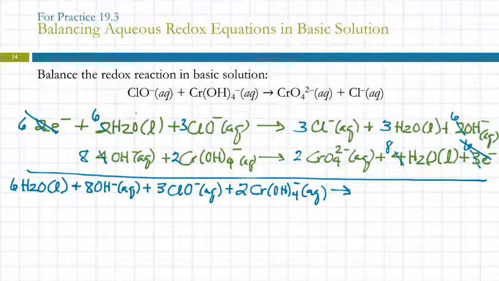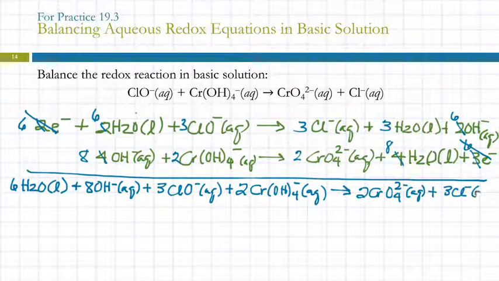Did I get everybody? Yeah. Then over here, 2 CrO4, that's chromate ion, and 3 chlorides. I ran out of space, so I'm just going to continue below. And here I've got 3 waters and 8 waters. 3 plus 8 is 11 H2Os.